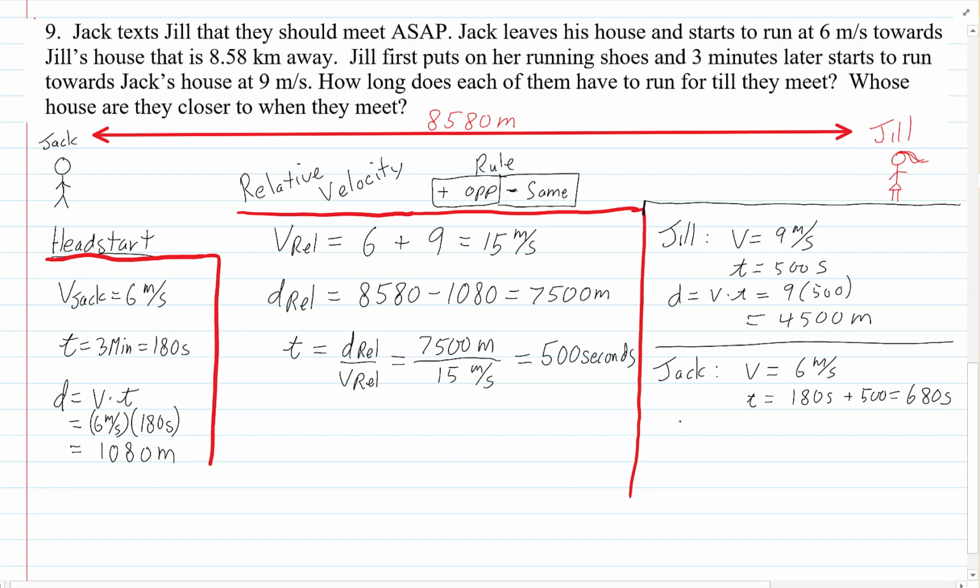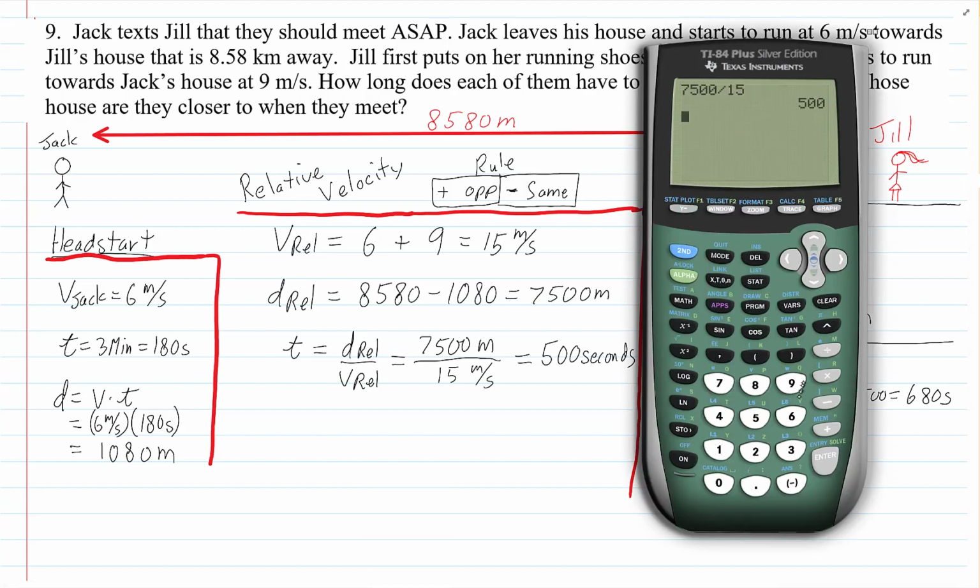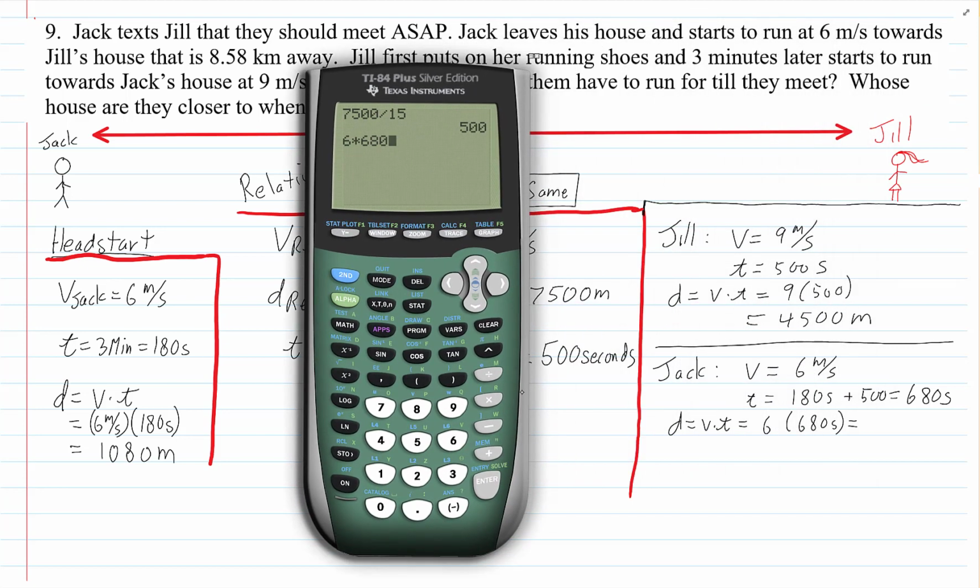So the distance that he has run, velocity times time, is 6 times 680, which is equal to 4,080 meters.